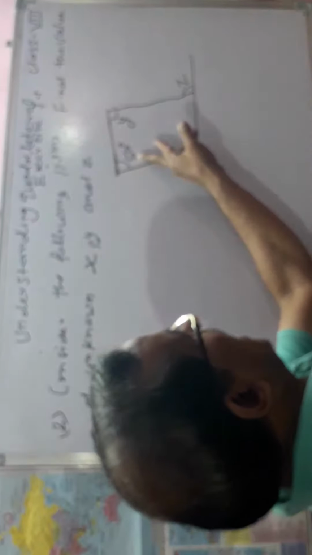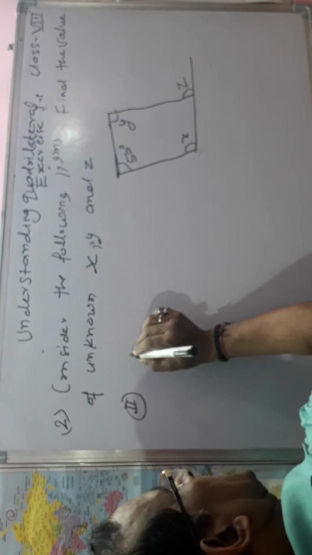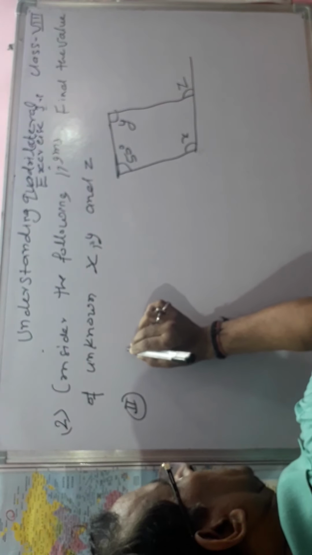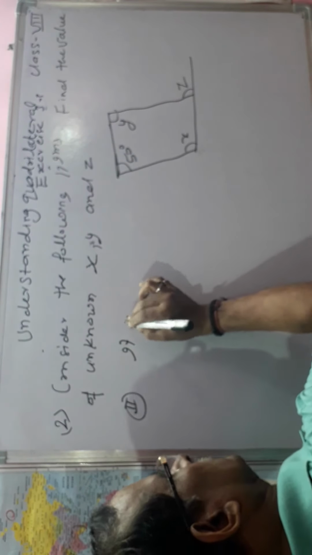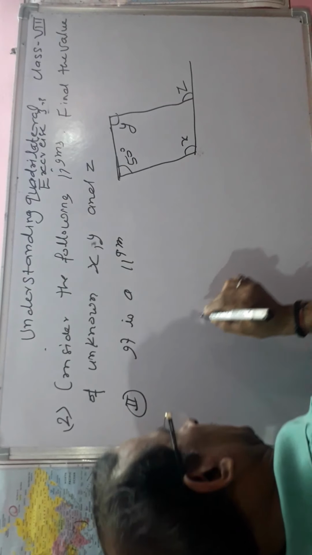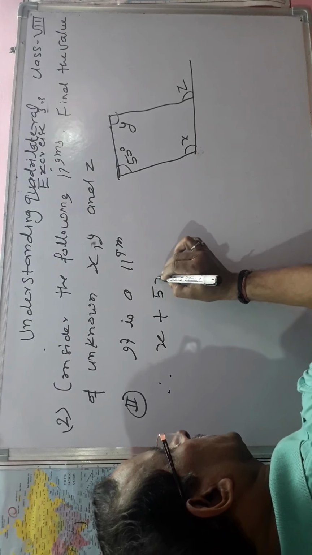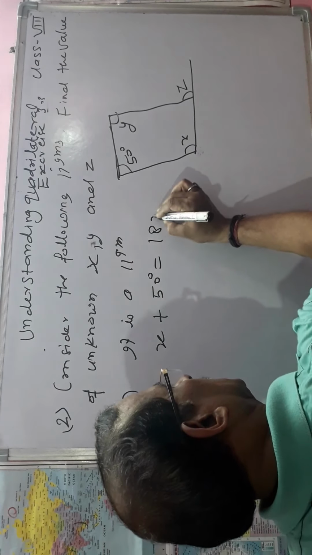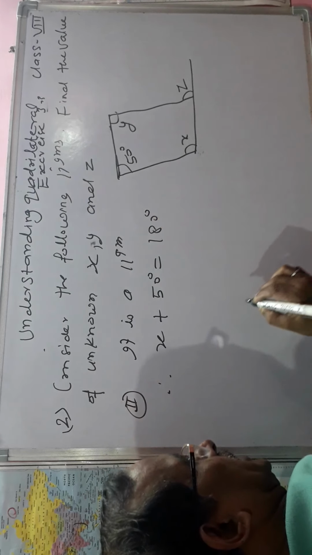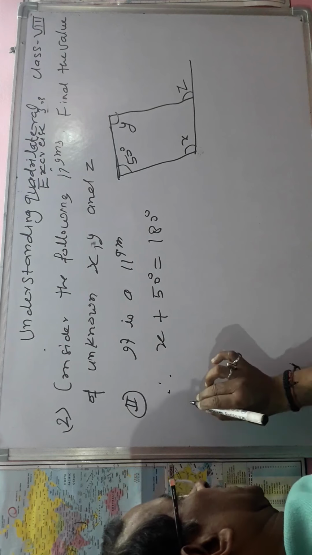Therefore x plus 50 degrees is equal to 180 degrees.